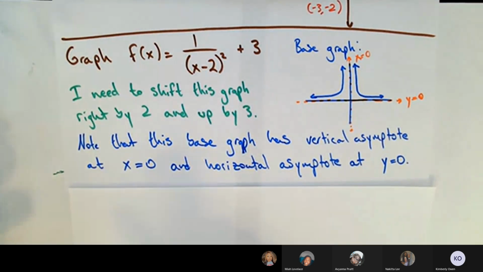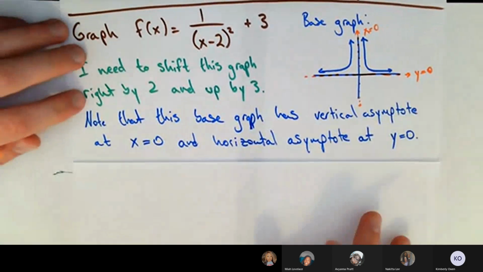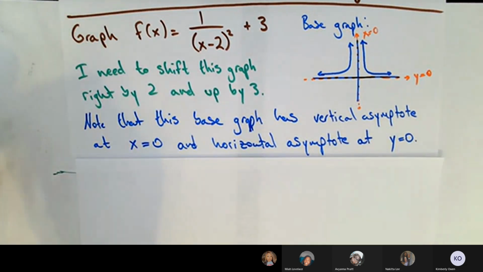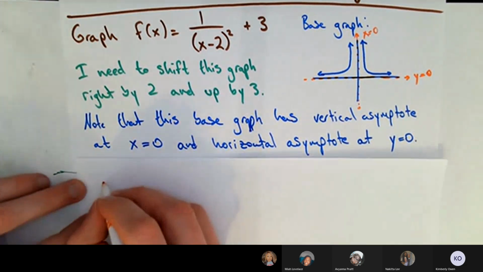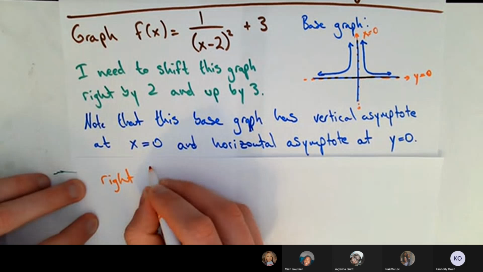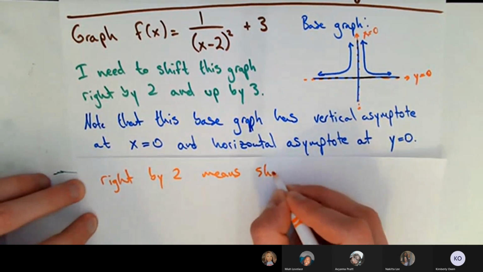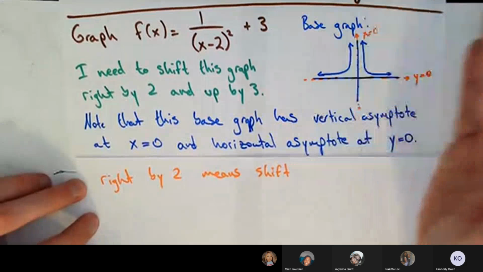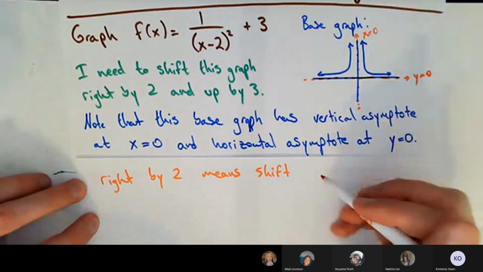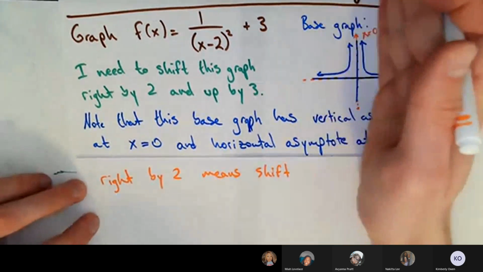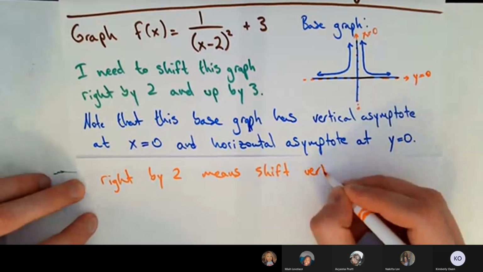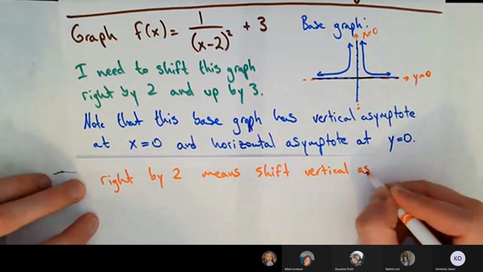So when I say I need to shift this graph right by 2, if I'm shifting right by 2, I'm going to shift its vertical asymptote right by 2.